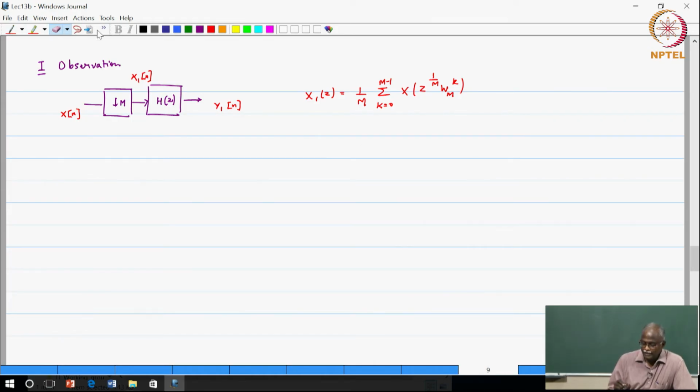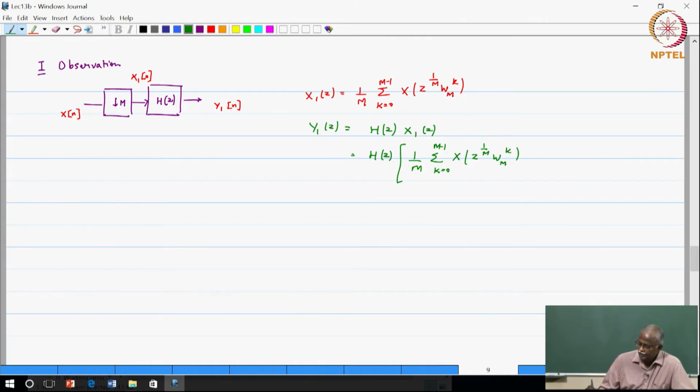Now the X1(n) is filtered through H(z), and so we can write down the output expression: Y1(z) is equal to H(z) times X1(z). This can be written as H(z) and within the bracket 1/M summation k equal to 0 to M minus 1 X(z^(1/M) W_M^k).